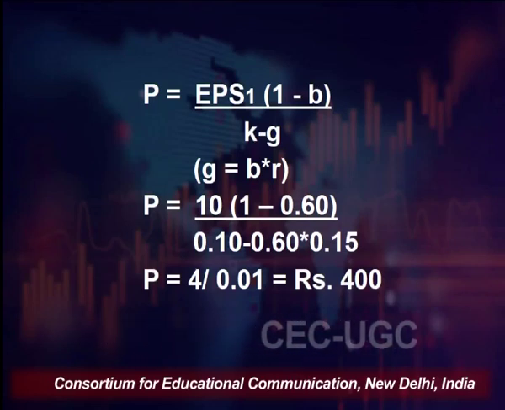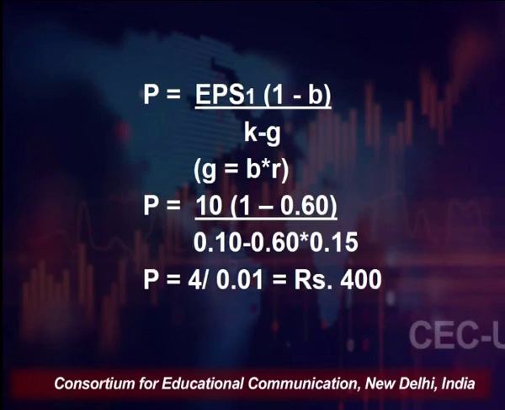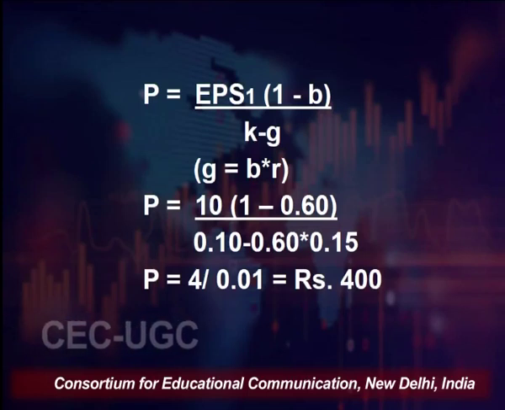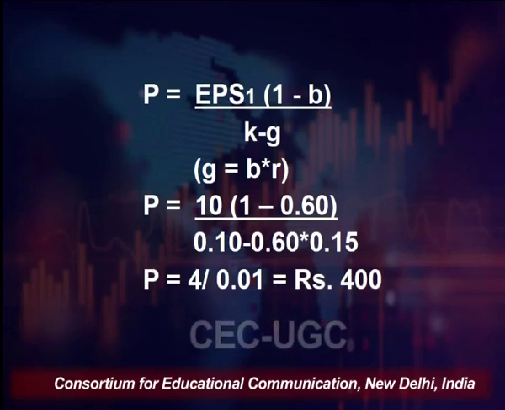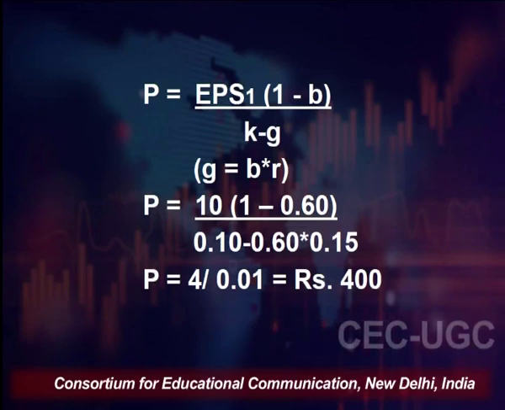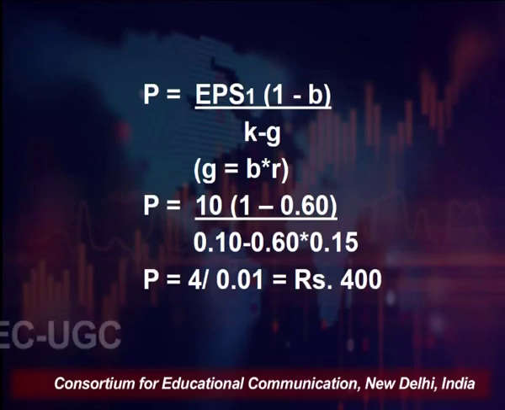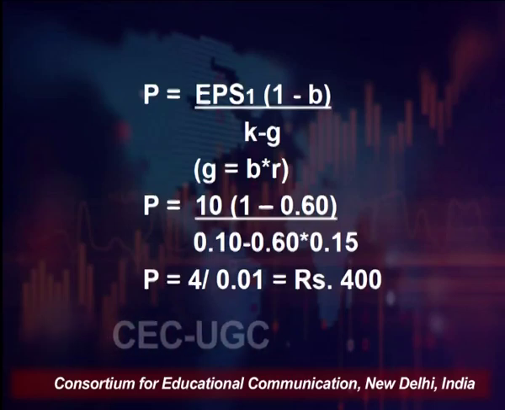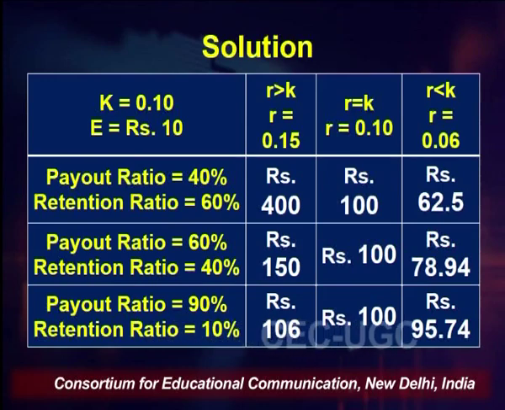Your growth rate is equal to B multiplied by R. So, B is 60%, R is 15%. We have placed these values in the equation, and by solving this equation, we will get the value of P, which is rupees 400.